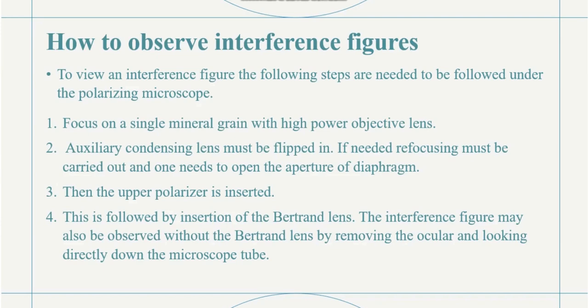So either you insert the upper polarizer and then the Bertrand lens, or you don't use the Bertrand lens, remove the ocular, and look directly down the microscope tube.